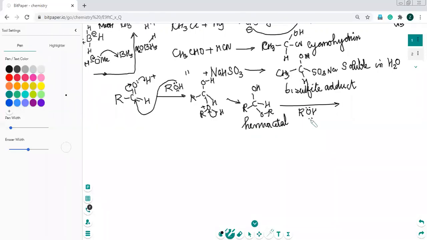Now here, what happens is it attacks directly here in an SN2 fashion, and this goes out as a good leaving group.